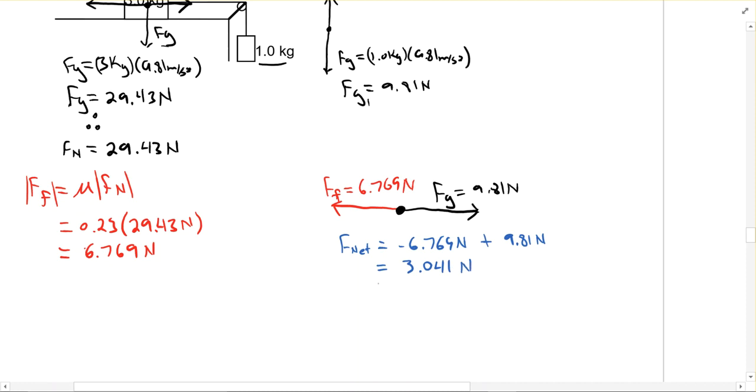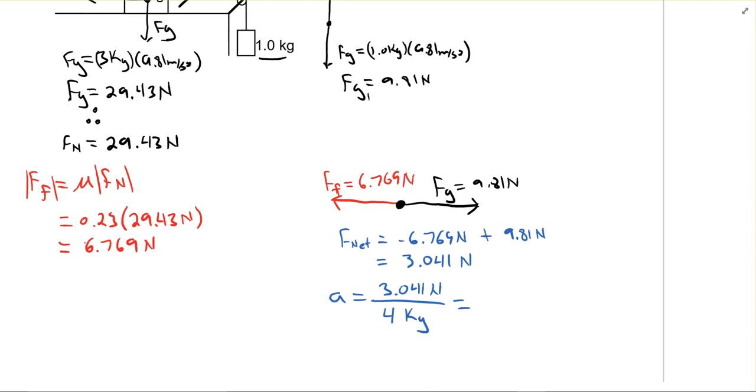So in the positive direction. And then last step, we got to just go A is equal to 3.041 newtons divided by the total mass. So 4 kilograms. So that's 0.769 meters per second squared.